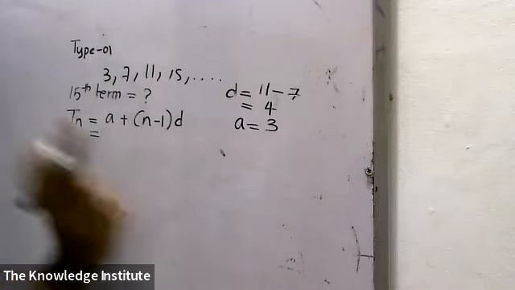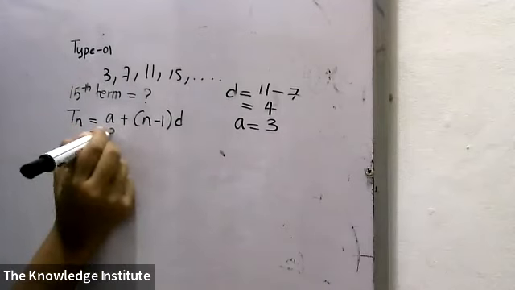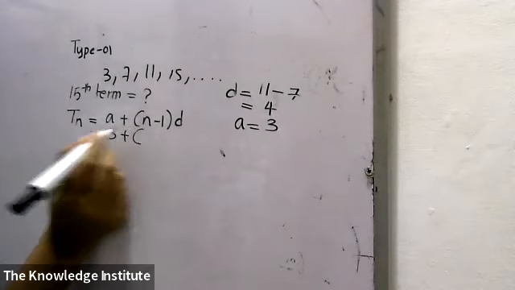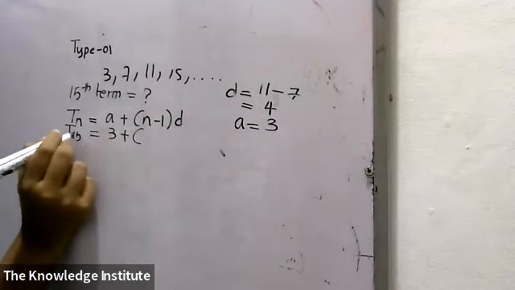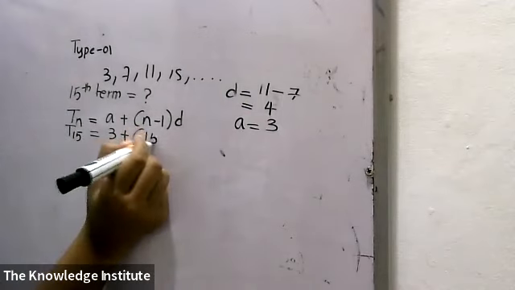For all these steps, they are going to give you marks. So the a value is 3 plus, what is the n value? We are finding the 15th term, therefore T15. n has become 15. So 15 minus 1.